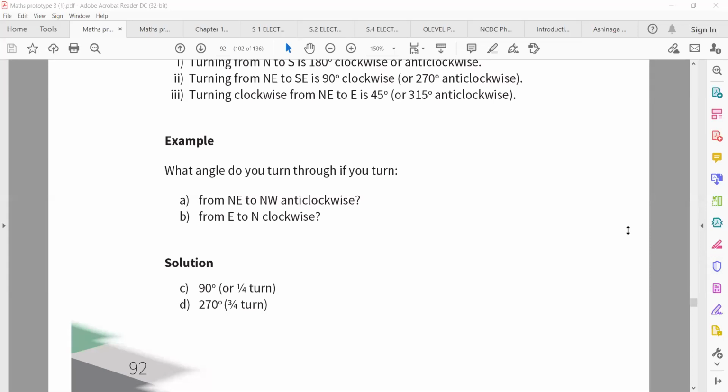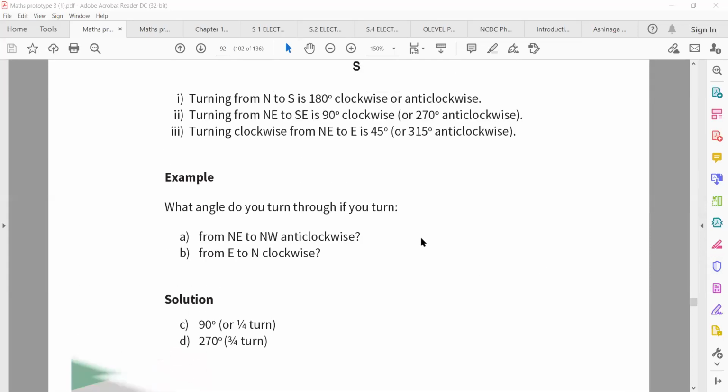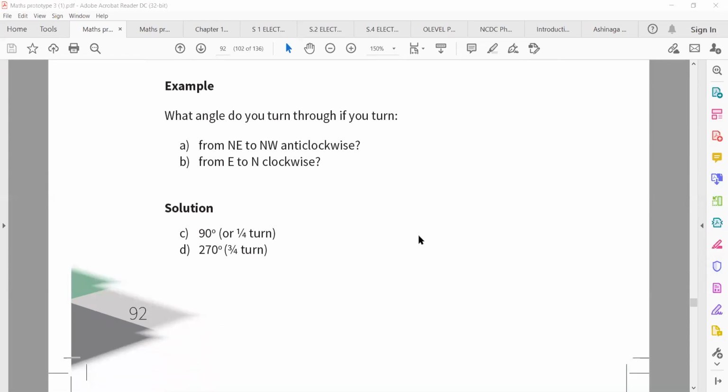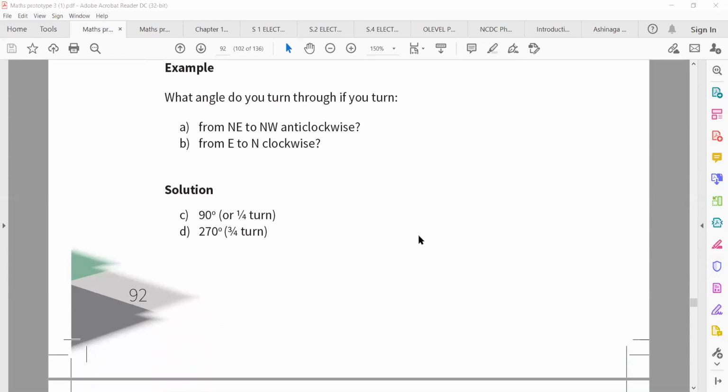I think we looked at this when we were looking at the previous topic. Then turning clockwise from east to east, we have 45 degrees or 315 degrees anti-clockwise. So depending on the direction you're taking, you'll be able to obtain those angles.